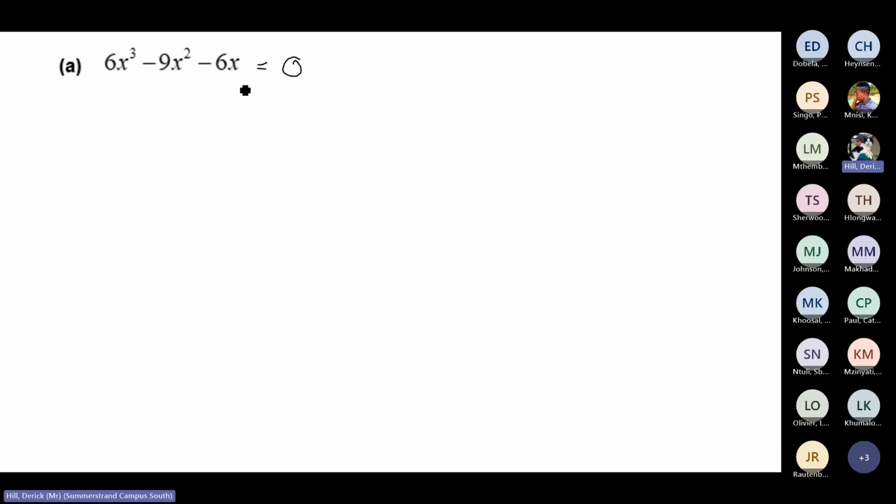I think we can. We've got an x over here, an x over here, and an x over here. I've got a 6, a 9, and a 6. Do they have any common factors? Yes, they do. 3 goes into 6 twice, into 9 three times, and into 6 twice as well.